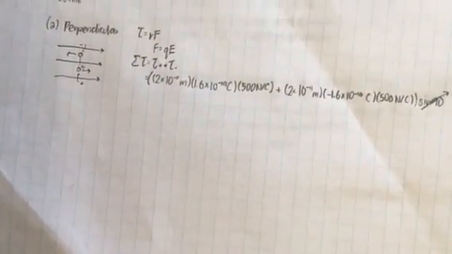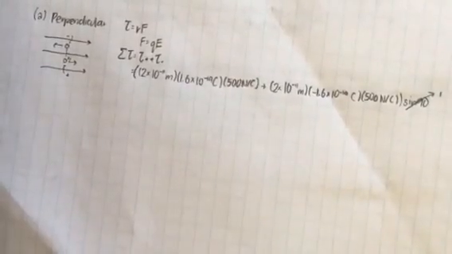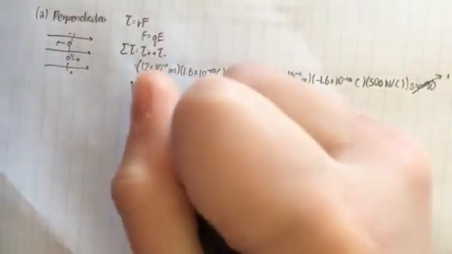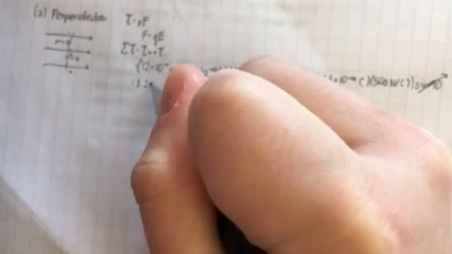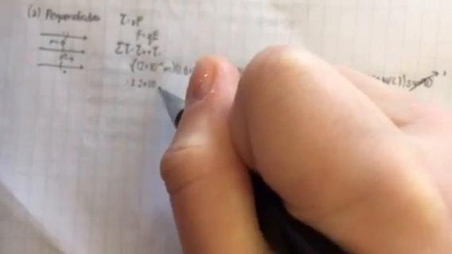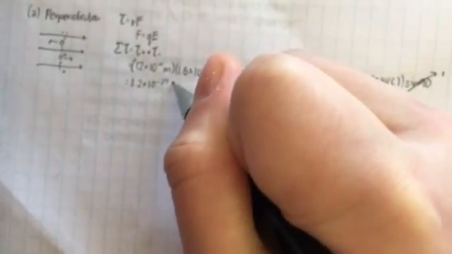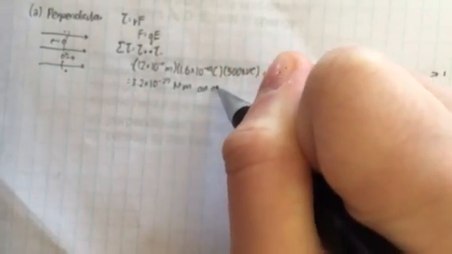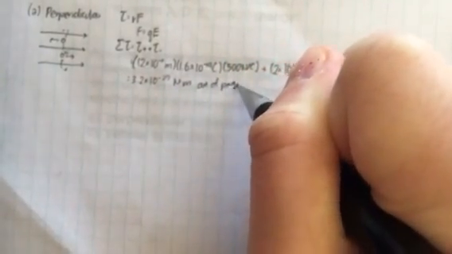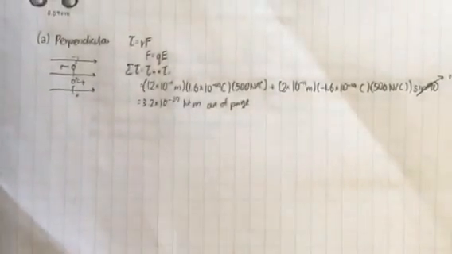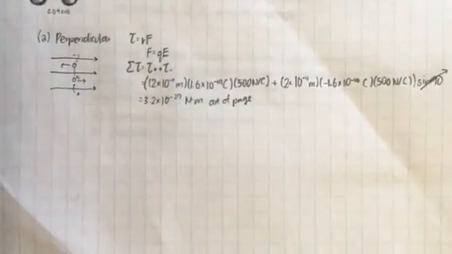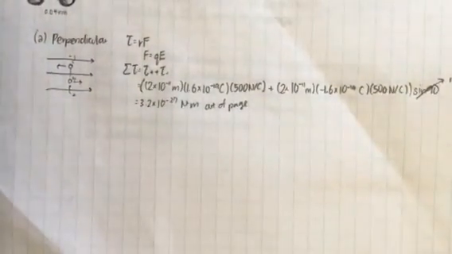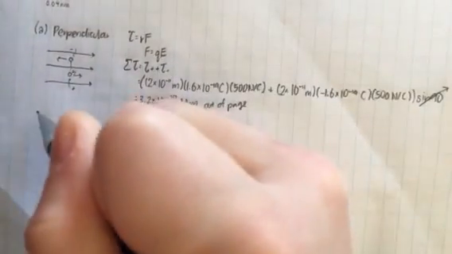And using our trusty calculator, we get the answer of 3.2 times 10 to the negative 27 newton-meters out of page. Alright, that's part A's answer since it's perpendicular to the field.